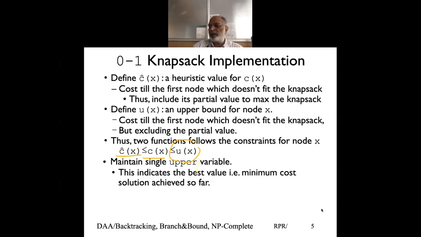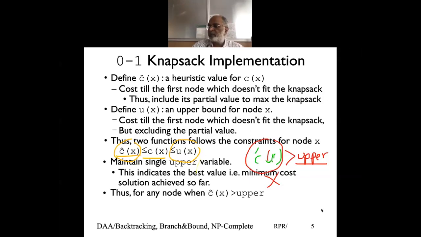And the moment my estimated cost becomes greater than upper, that means upper already gives me a solution I can accept, and this cost is becoming more than the upper, so there is no point exploring it, and we stop searching that part. So we'll maintain those three variables.